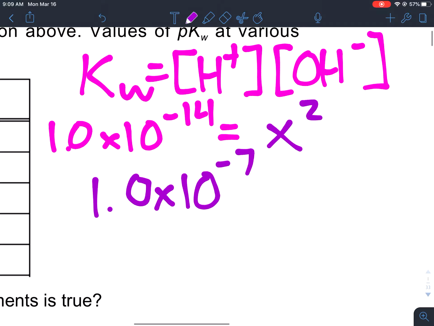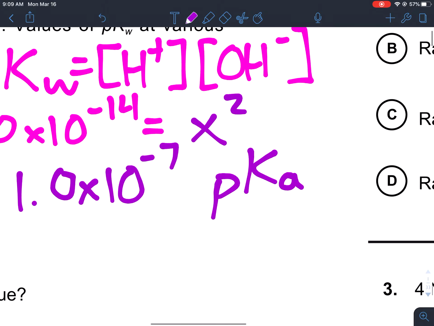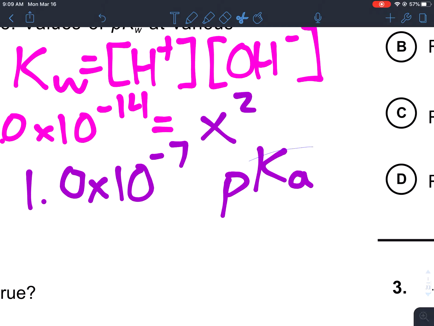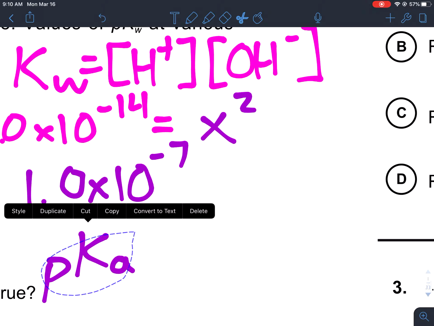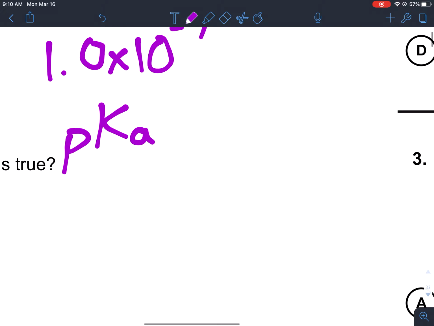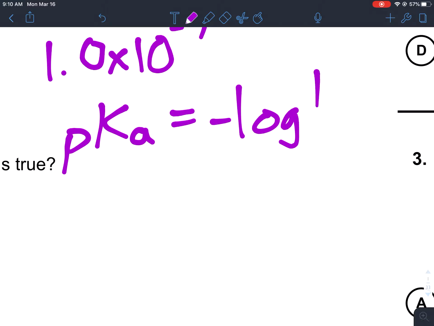Now, you might have remembered from the Henderson-Hasselbalch that pKa is equal to the negative log of Ka.